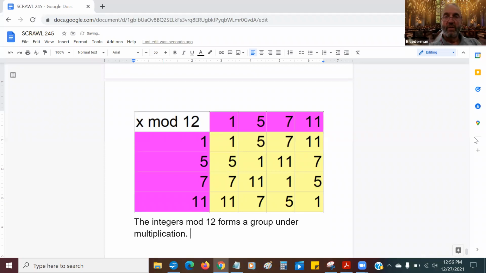But it's not using all the numbers; it's using the numbers 1, 5, 7, 11, which are relatively prime to 12.